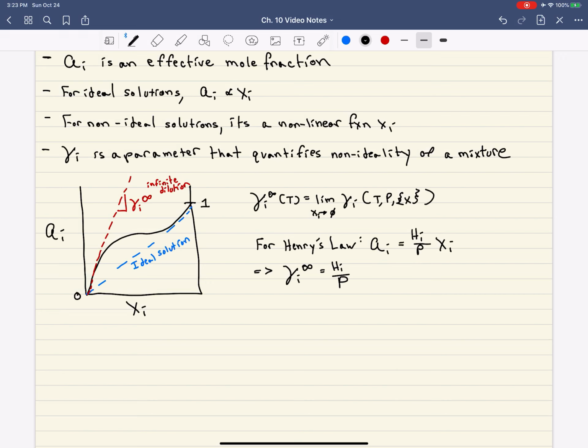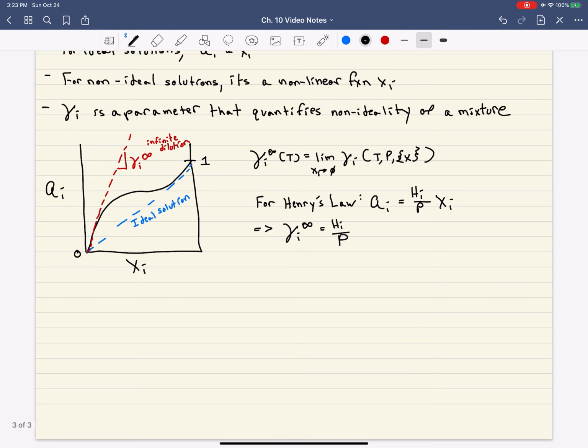Depending on the model you use for the activity coefficient, you could have varying relationships with the mole fraction x_i. But generally, it'll be somewhere between these two limits.